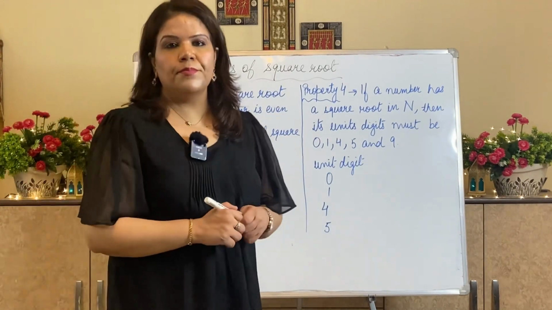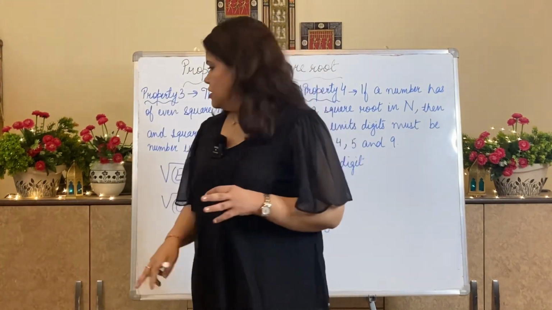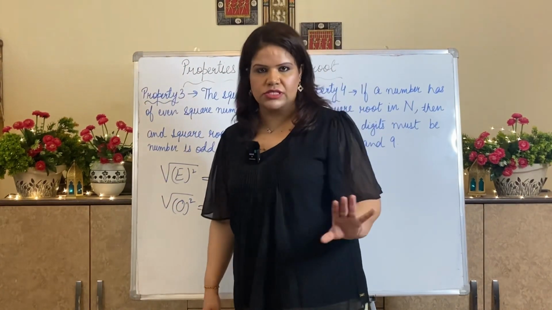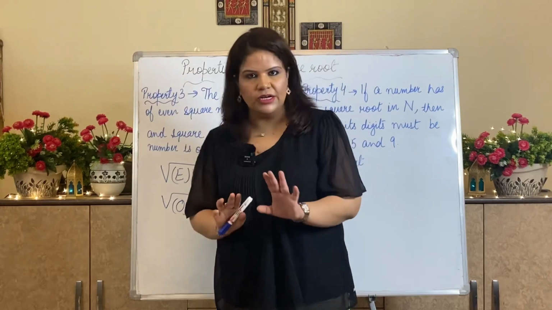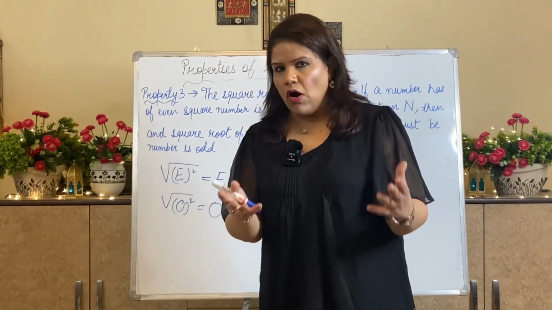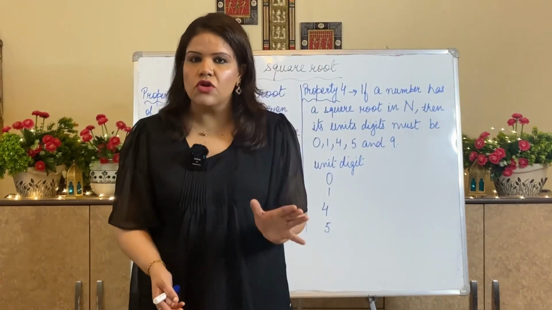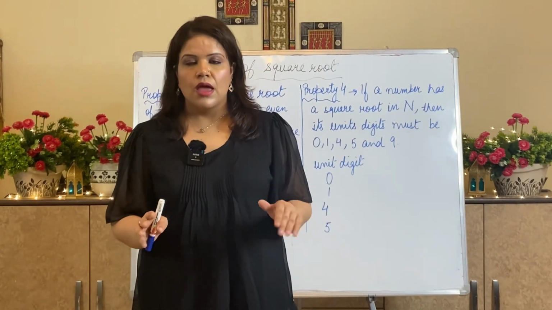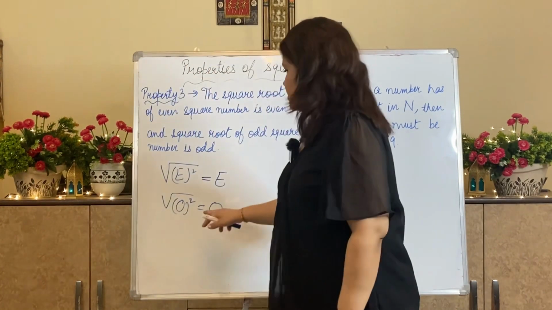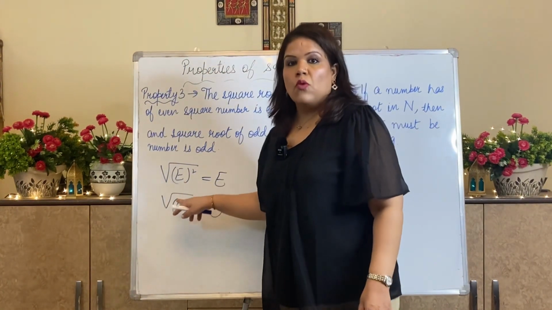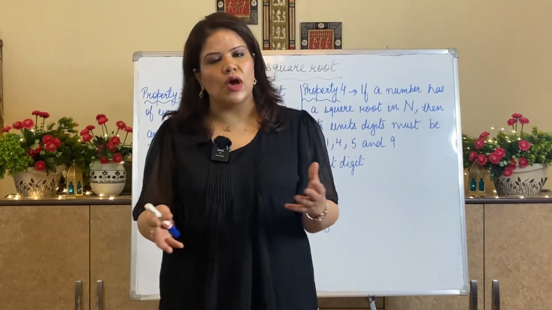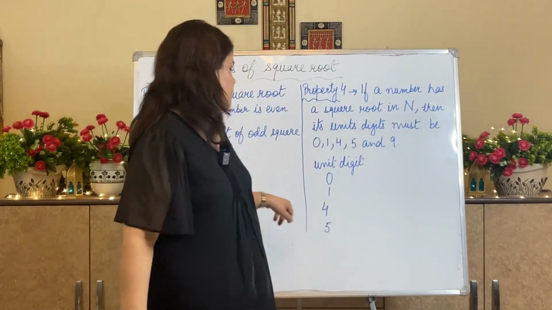If I have a number which is inside the square root sign and it is an even square number, obviously its square root will be also even. In the same way, if I have an odd square number inside the radical sign, I will get the square root also as an odd number.